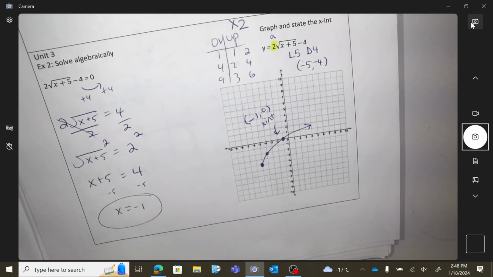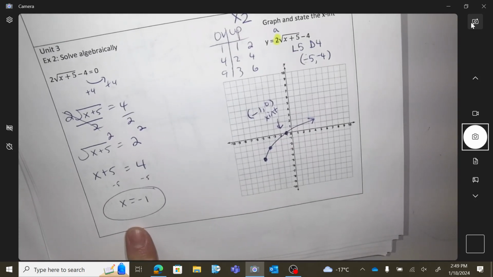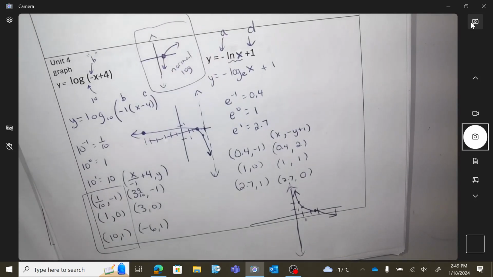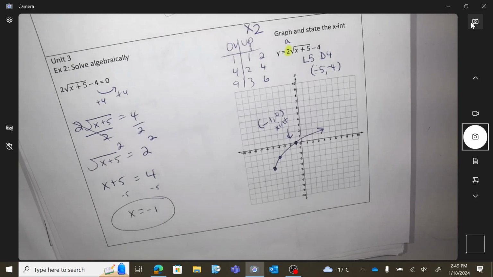The x-intercept is -1, 0, which is good because that matches my algebra. Aha. Depends how they word it. If they say what's the coordinate of the x-intercept or something like that.